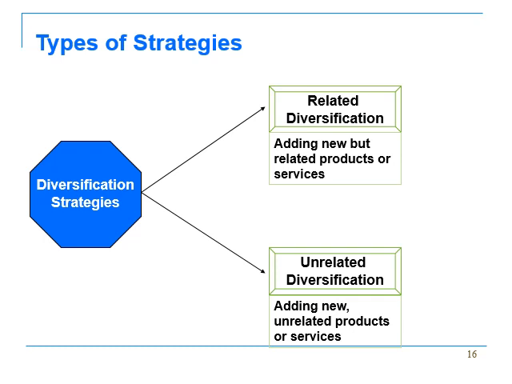Diversification must do more than simply spread business risk across different industries, because shareholders could accomplish this by simply purchasing equity in different firms across different industries or by investing in mutual funds.